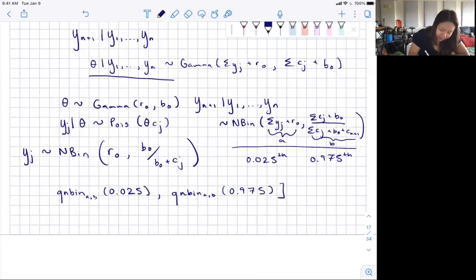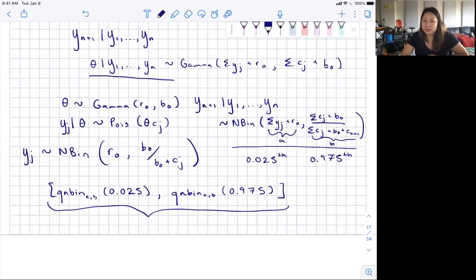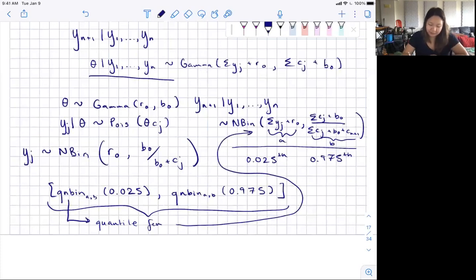And this is going to be our posterior predictive interval. You should note that this Qnbinom is the quantile function for the negative binomial with these parameters. Okay, fantastic. So that was problem 5.